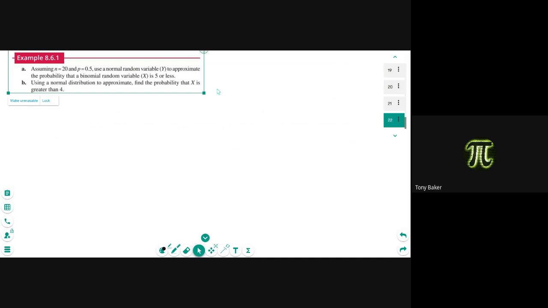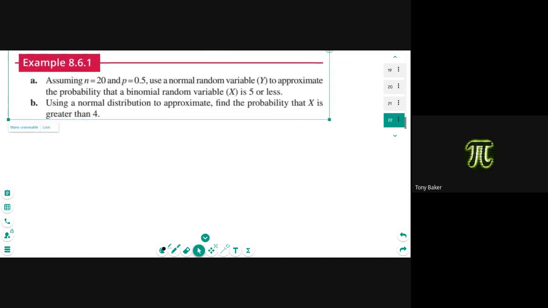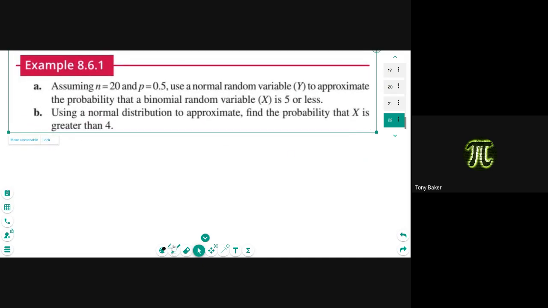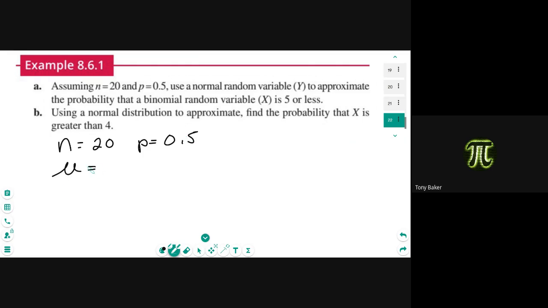No, that was temperature. This is from last class. Nope, that was the beginning of this class. Last class. The mean was very simple. It's one of the last formulas we wrote down last class. np. The mean is literally just n times p.